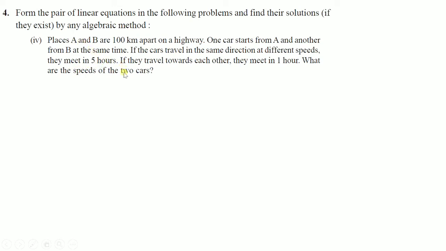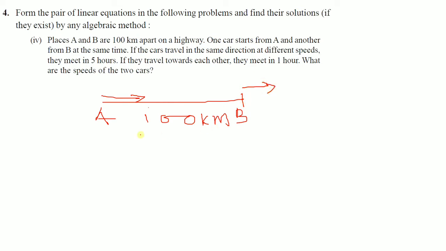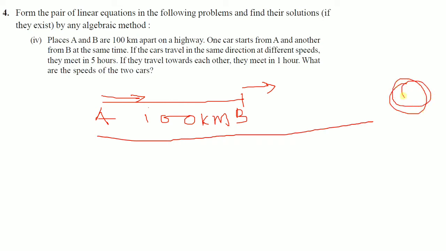So for example, here we have this A point and B point here, and the distance between them is 100 km. Okay, this is 100 km from here. Now this car A starts in this direction, and at the same time from here car B also starts in this direction with different speeds. Then both the cars, for example, meet somewhere here.